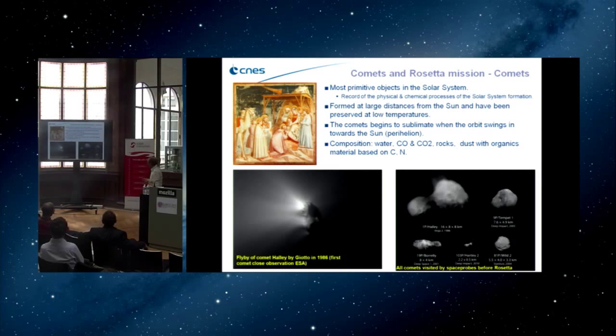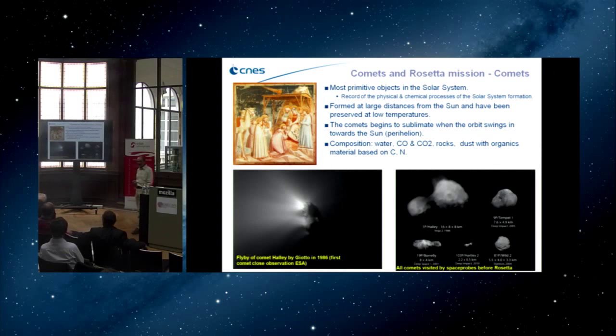So here you can see the flyby of the comet Halley by Giotto. Giotto was a European probe launched in 1984, and that reached the comet 2 years after, in 1986.